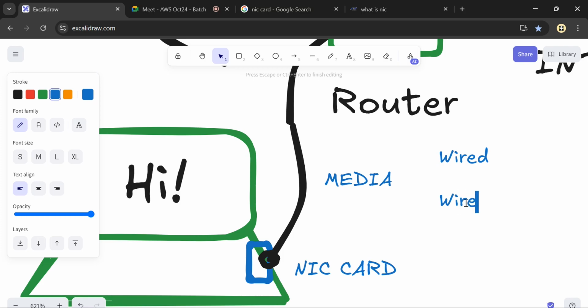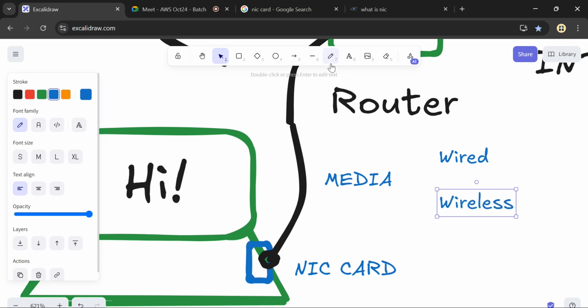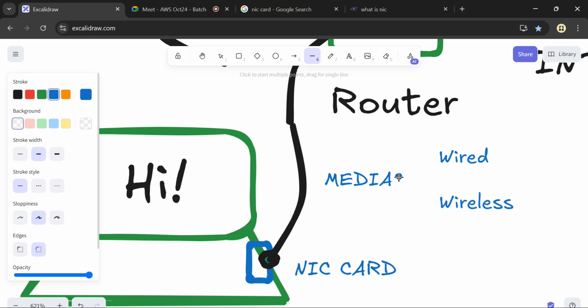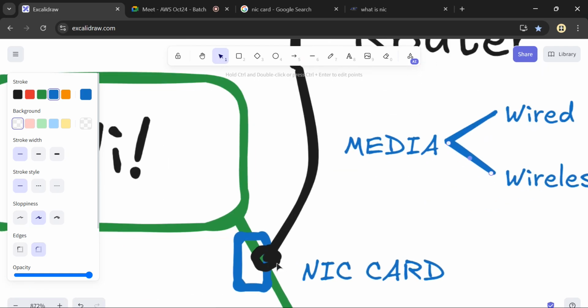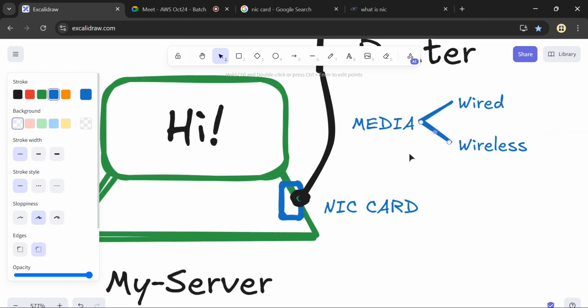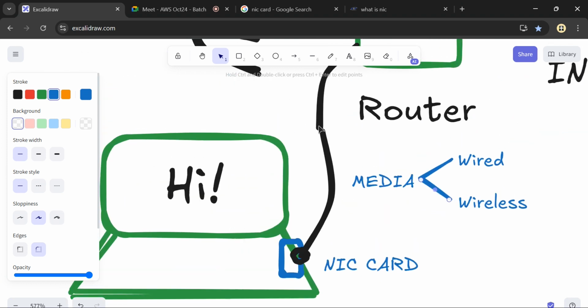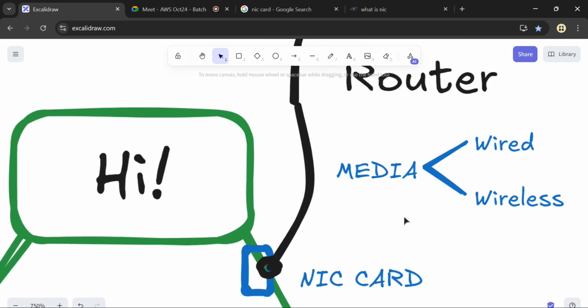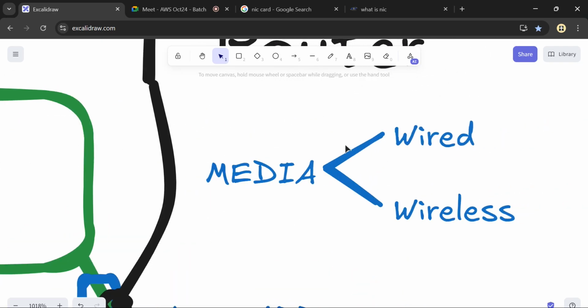Even if I'm connecting my laptop via Wi-Fi, the networking will be done through this NIC card only. Even if I am connected with my Wi-Fi, this NIC card is responsible to provide the Wi-Fi connection. So the second important component, as I told you, is the media through which the communication is established.